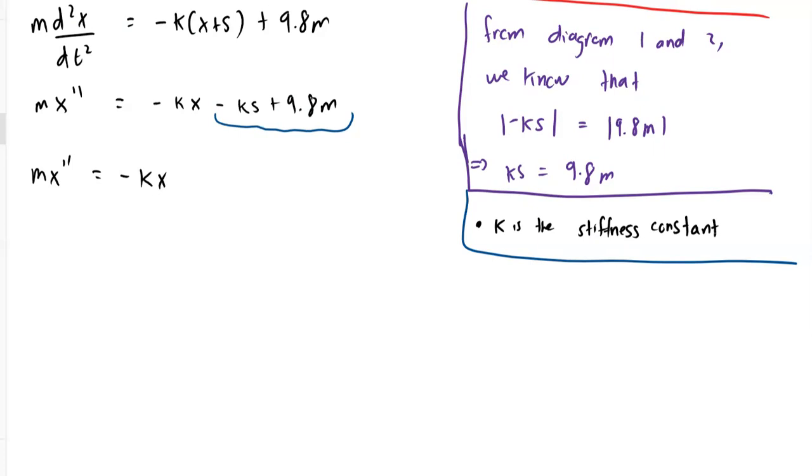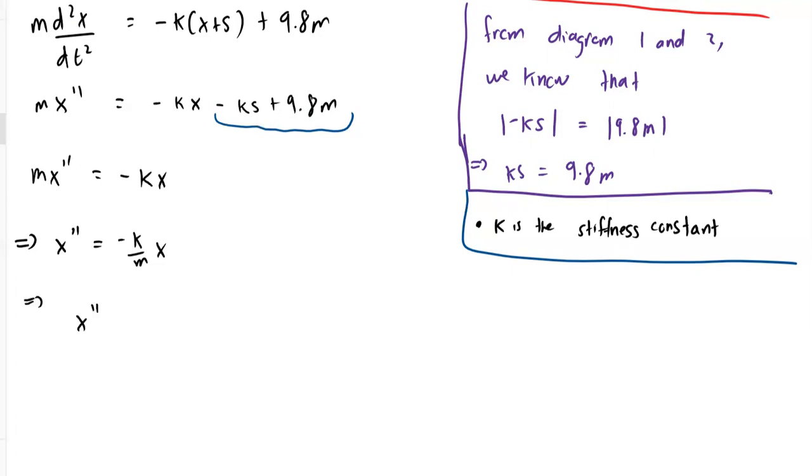Now, one more simplification. Since the weight has mass, the mass is not equal to 0, so we can divide by m on both sides. We're just simply going to write this as x double prime equals negative K over m x. And this is our ODE that models this particular setup.